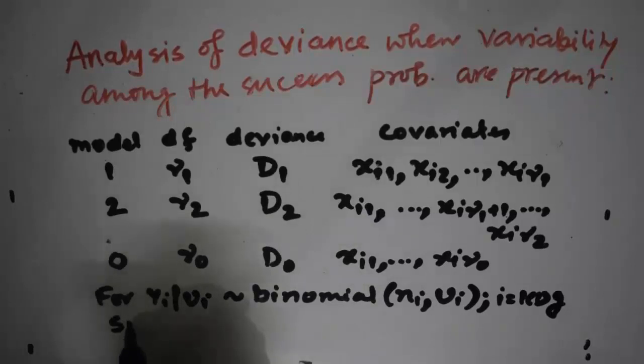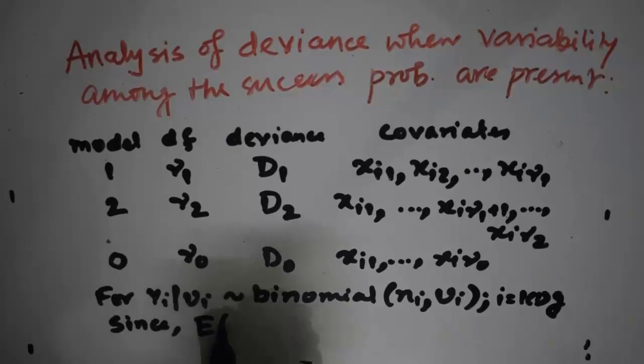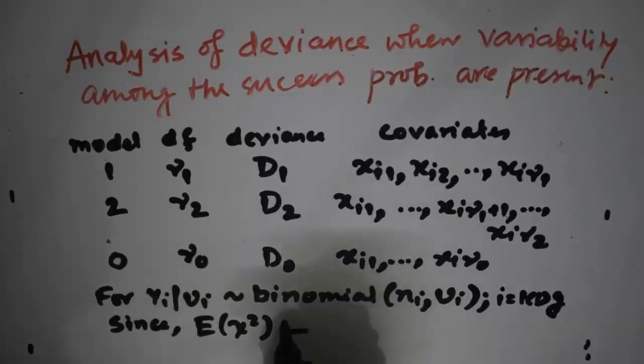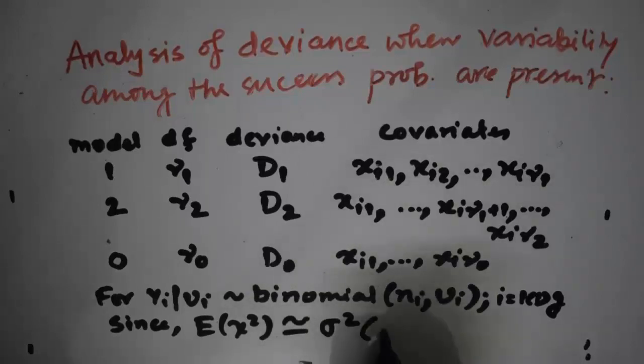Since expectation of chi square is approximately equal to sigma square into g minus k.